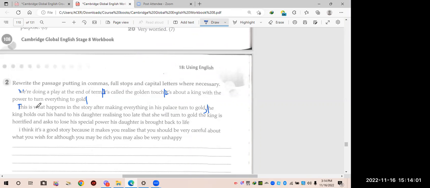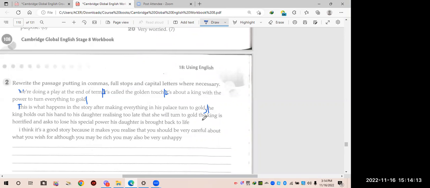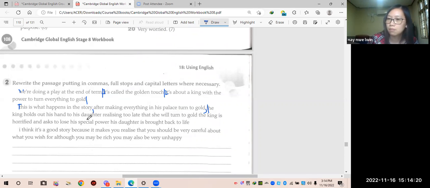This is what happened. Is there one connected to that? Maybe like after. So this is what happened in the story after making everything in his palace turn into gold. Full stop in front of after, or comma?